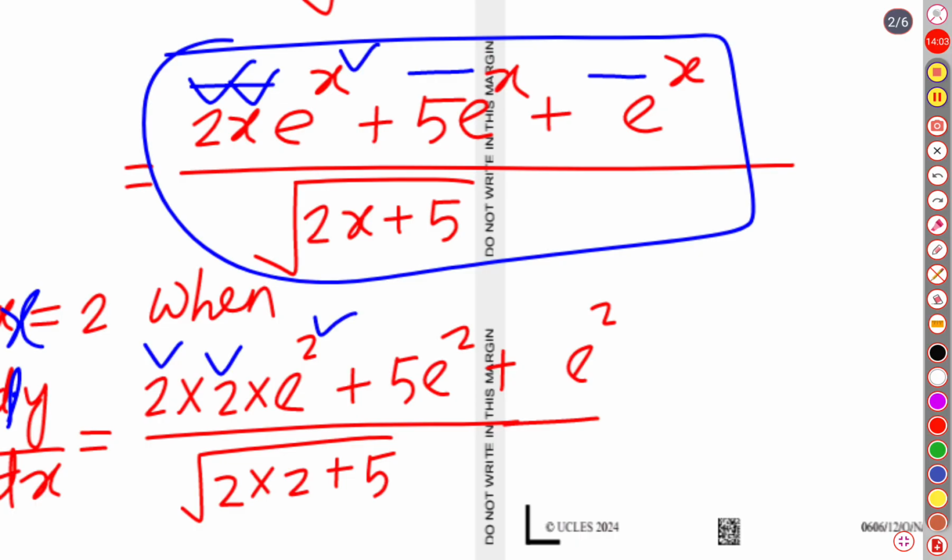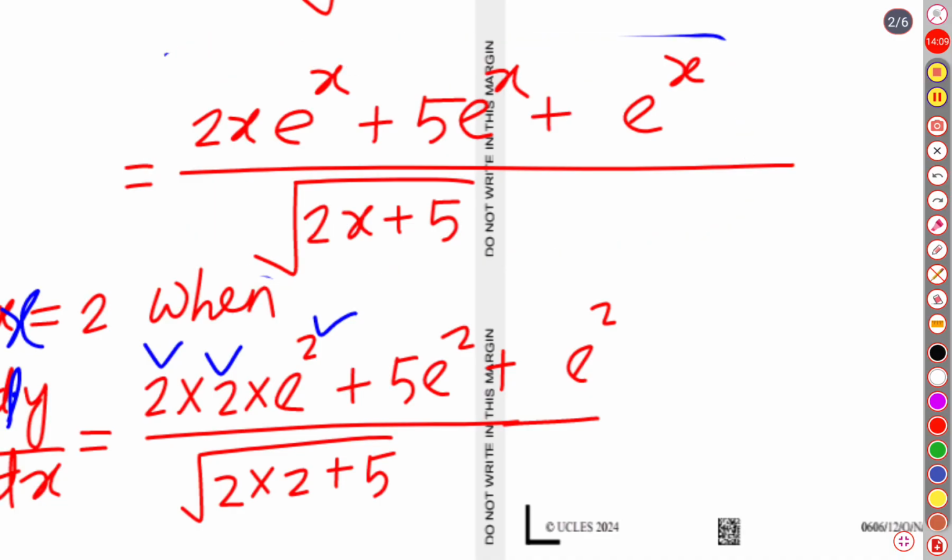After that there comes a plus symbol, we have written plus. Let me erase these unnecessary parts. Then there comes 5, we have written here 5, then e raised to x with x equal to 2, so we have written 5e squared, then another e squared. Then what is it going to be?